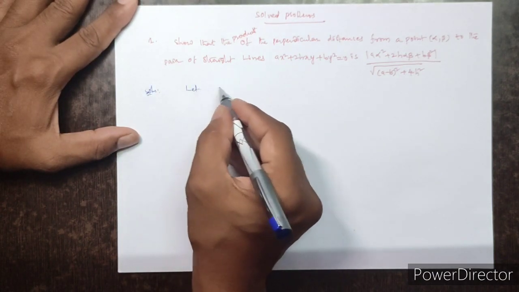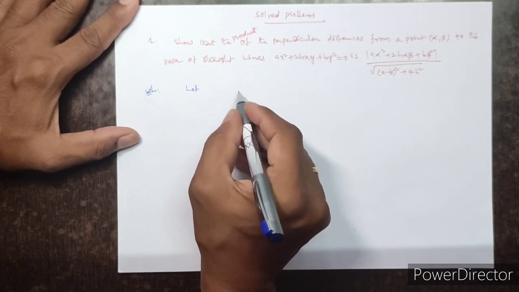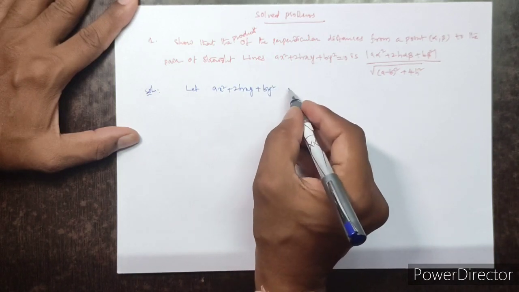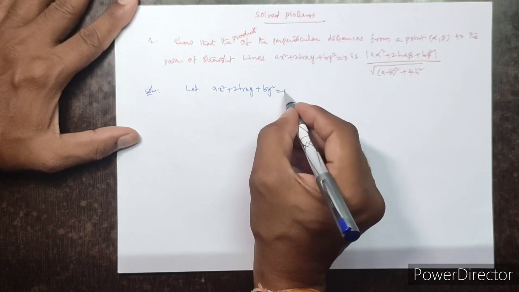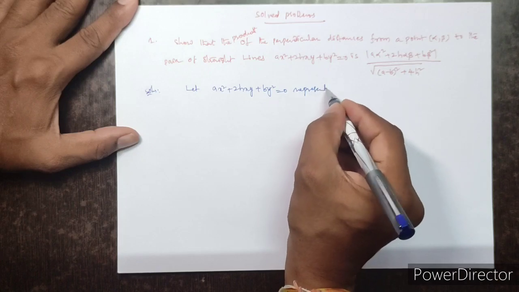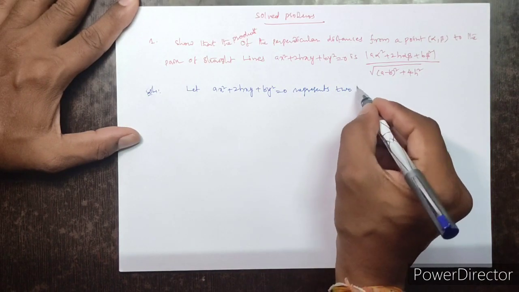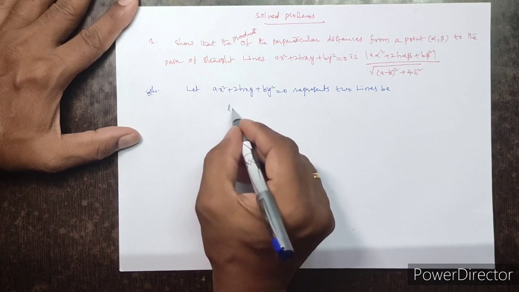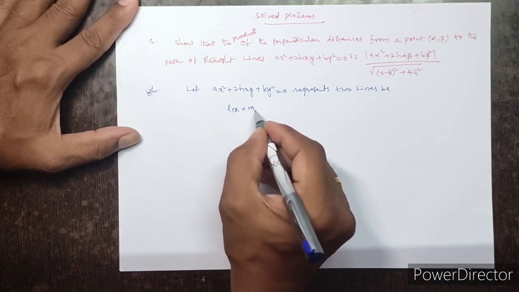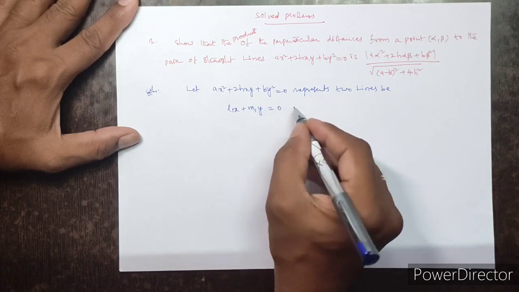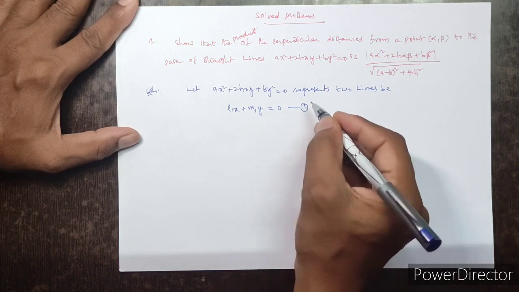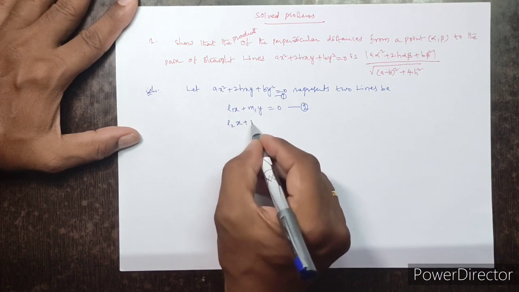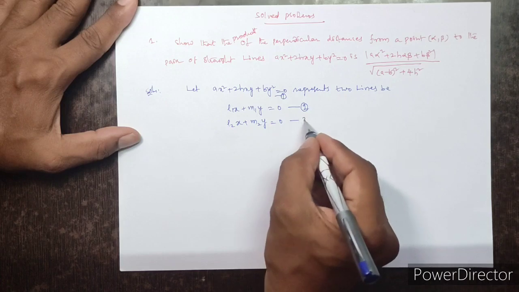Let ax square plus 2hxy plus by square equal to 0 represent two lines: the first one L1x plus M1y equal to 0, that is equation number 2, and the second line L2x plus M2y equal to 0, equation number 3.